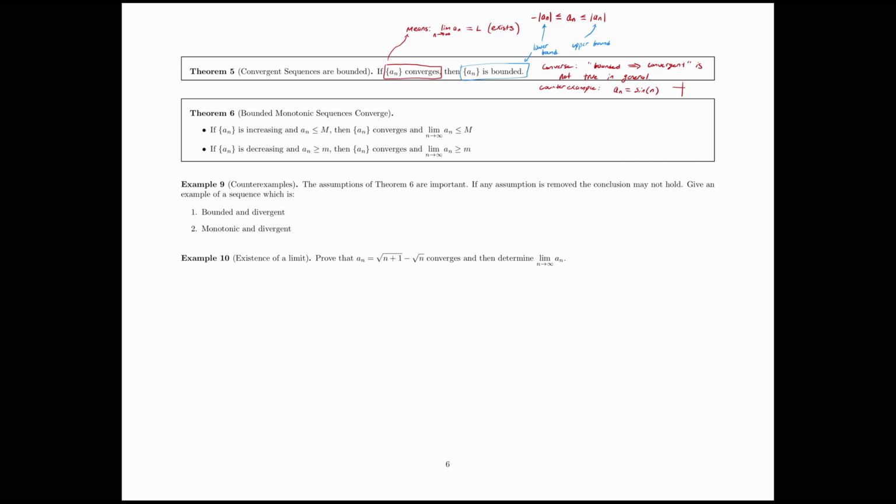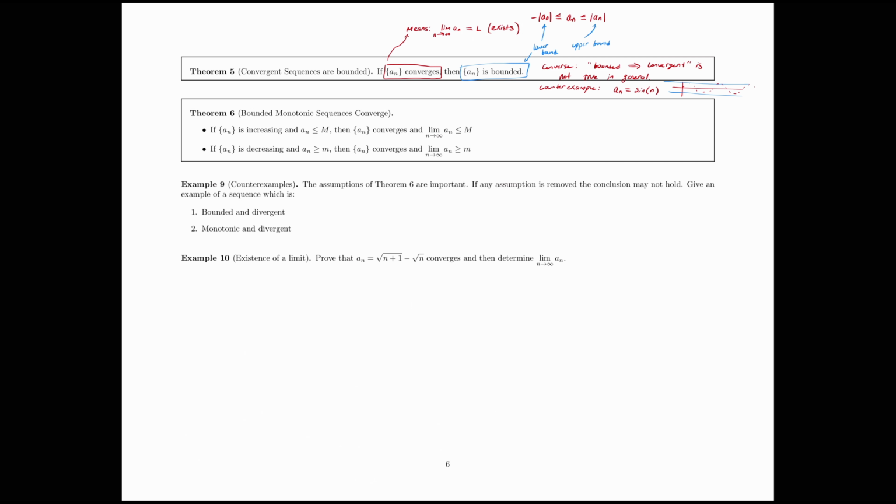Such a sequence oscillates just like the graph of sine does, but it never hones in or approaches a specific real number. It always just oscillates forever. So this is a sequence that is clearly bounded. It's bounded above by 1 and bounded below by -1.